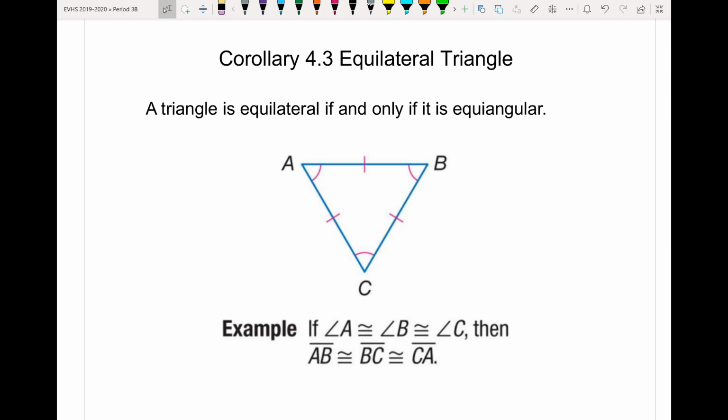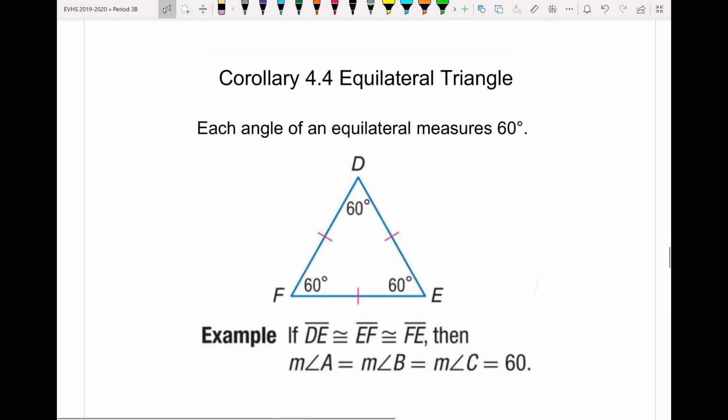So 4.3, equilateral triangle corollary: a triangle is equilateral if and only if it is equiangular. Remember, if and only if means I can go both directions on it. It's a biconditional. So if I have 3 congruent angles, then I also have 3 congruent sides. 3 congruent sides also means 3 congruent angles. So we'll be using that a little bit here in a minute.